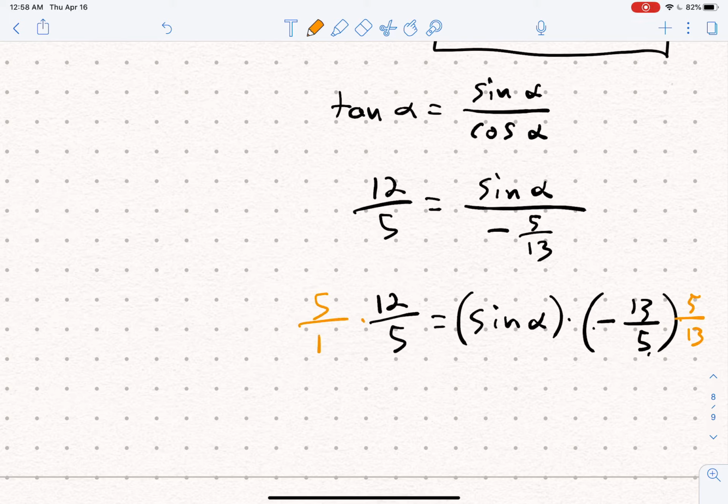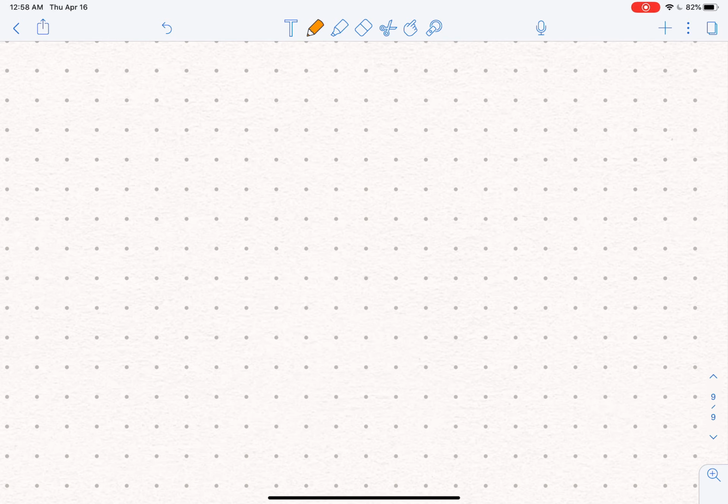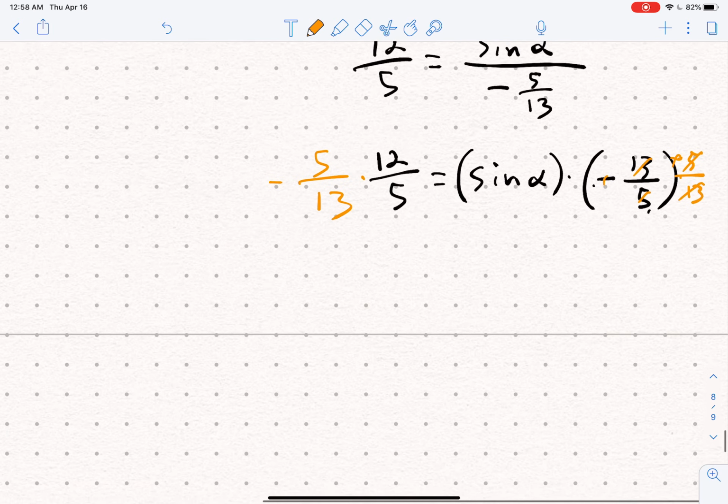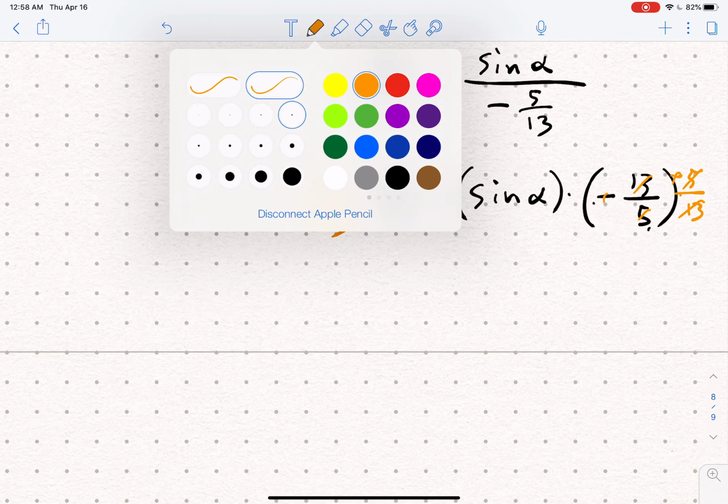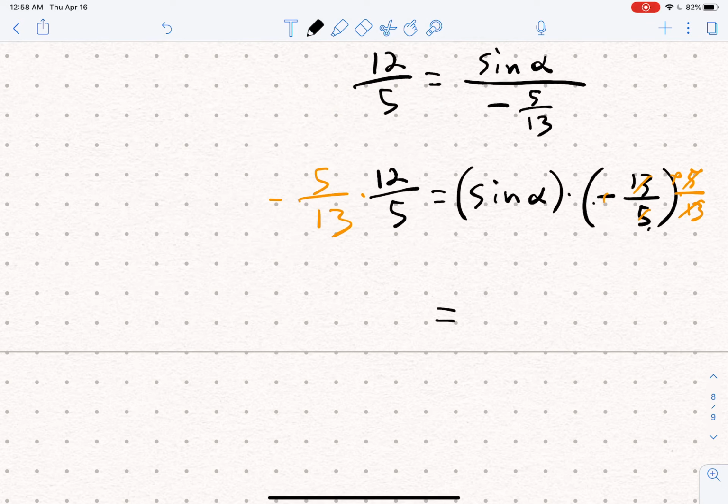Since it's negative, I'm going to multiply by negative 5 over 13, and that will cancel off the negative, the 5, and the 13 in one go. On the left-hand side, the 5's cancel, and all we're left with is negative 12 over 13. That is sine of alpha.